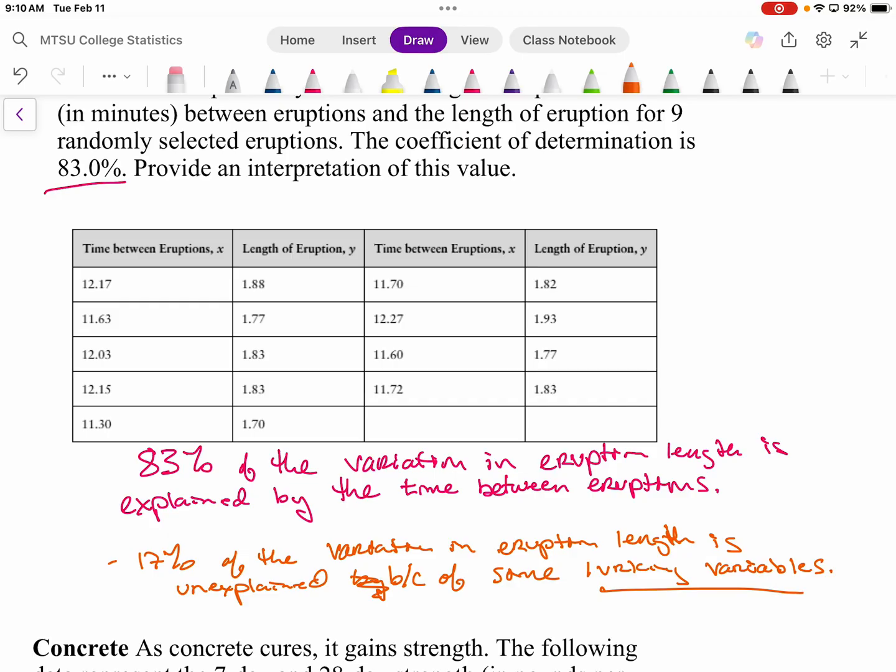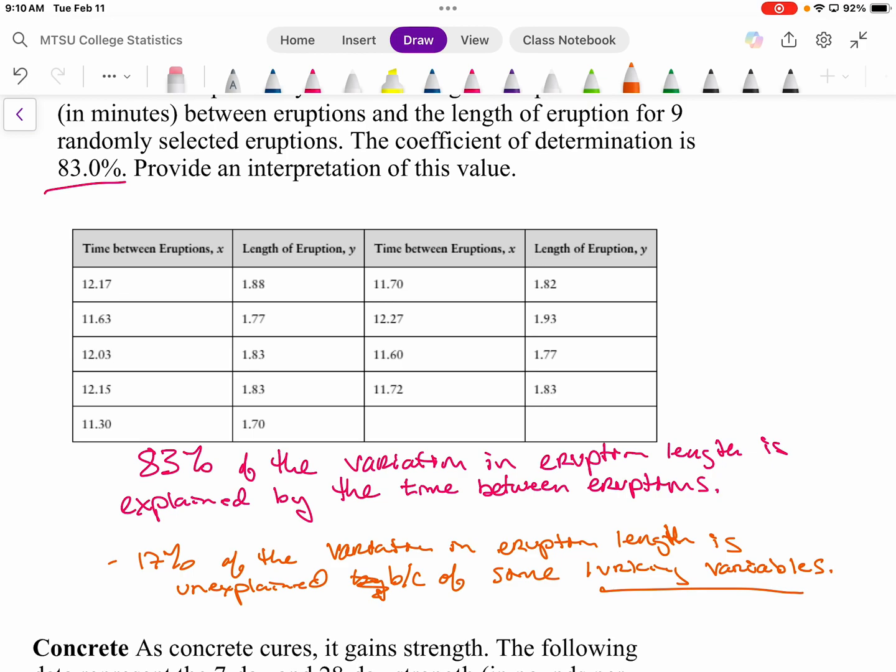We know they've got enough data to say, as the time between eruptions increases, does the duration of the eruption, how long it goes, increase or decrease? We think about it just in case, hey, it's pressure being built up.